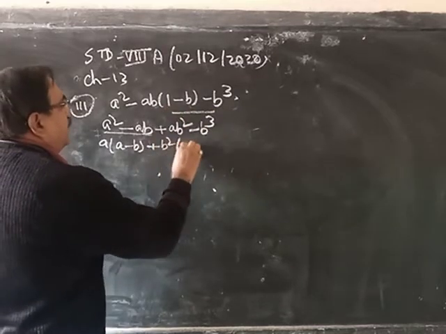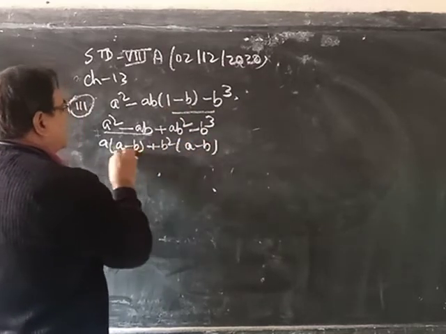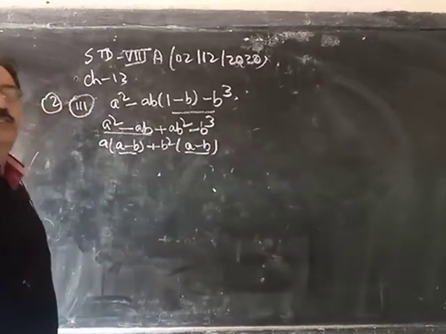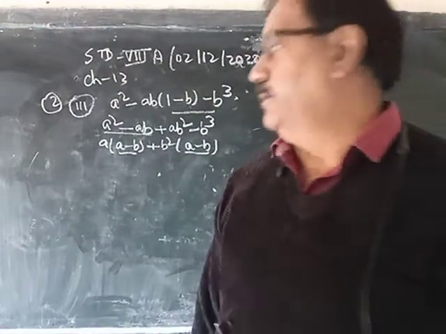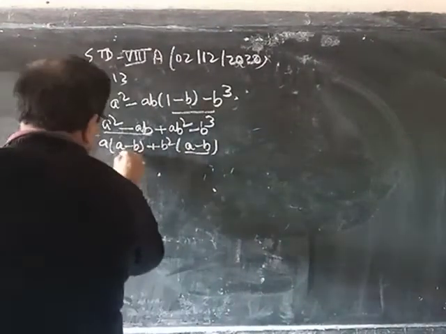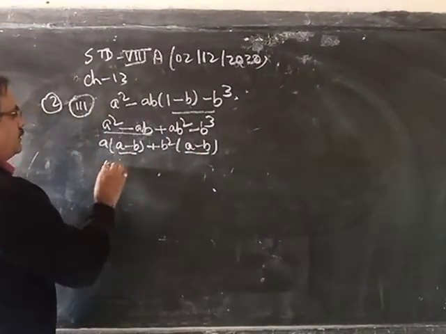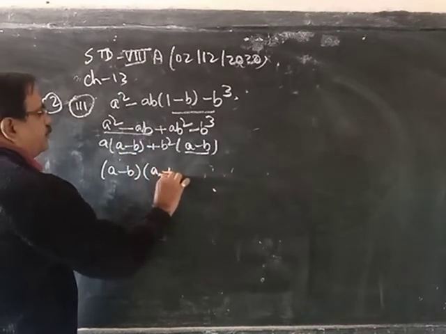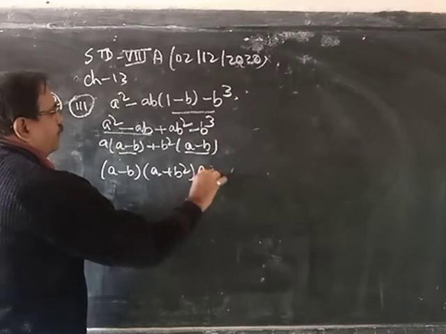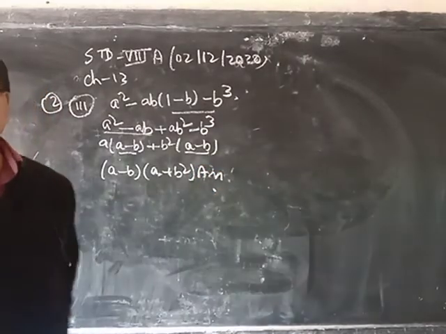B squared, then a minus b. Yes, inside the bracket the same value is coming. It means we are going in the right path. Now, on the whole, what is common? On the whole, common is a minus b, then left a plus b squared. This is our answer. Right?